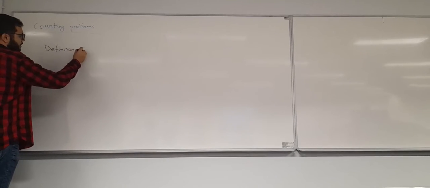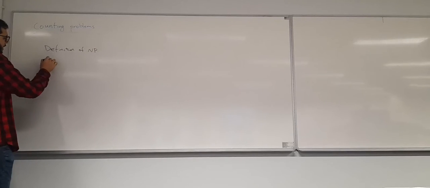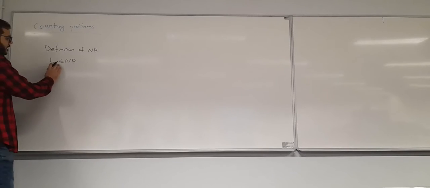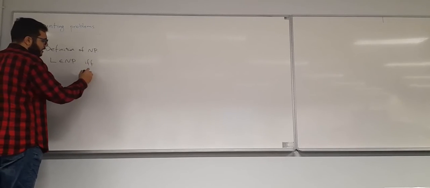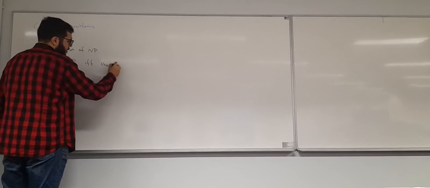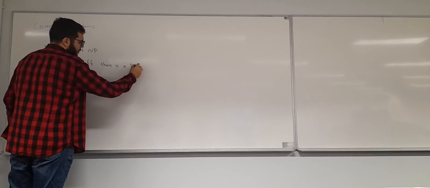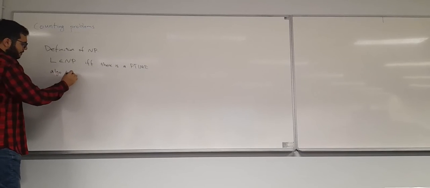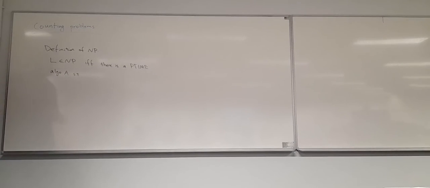Or if you recall the definition of NP, what did we say when we were defining the class NP? We said that a language L is in NP if it can be verified that a particular string is in a language given a particular certificate in polynomial time. So L is in NP if and only if there is an algorithm, and this algorithm had to be polynomial time, such that what conditions did we want to have?